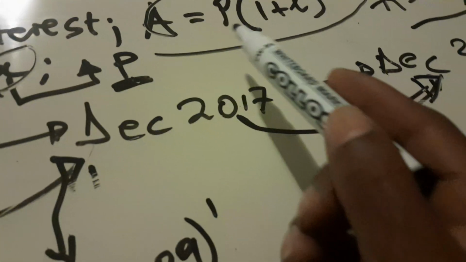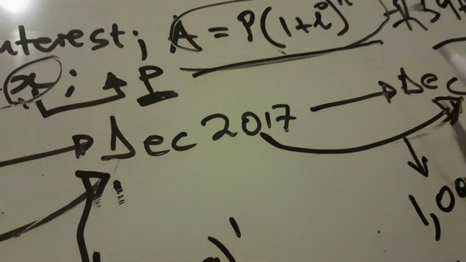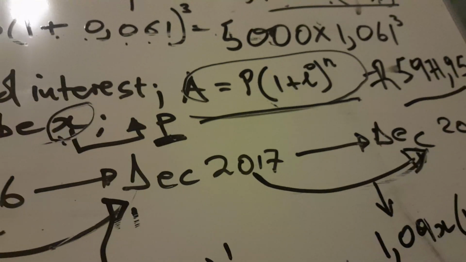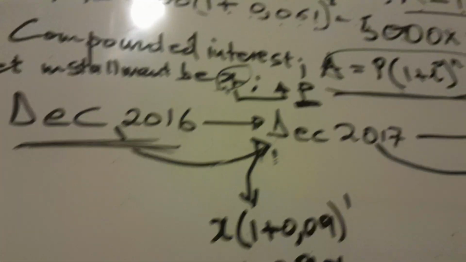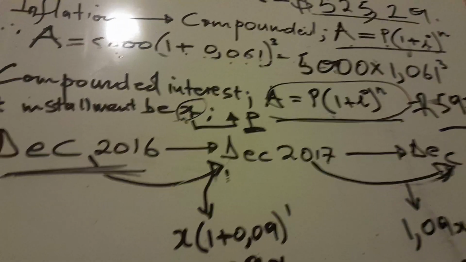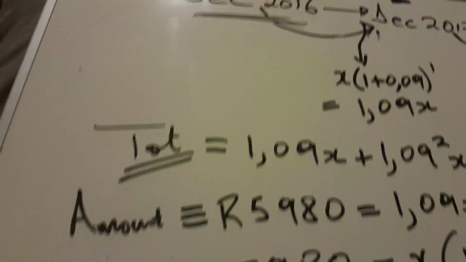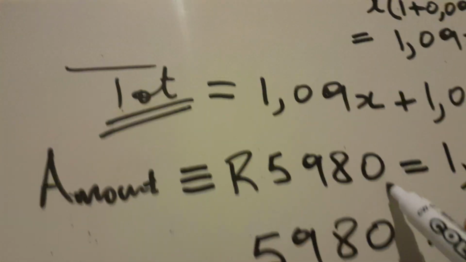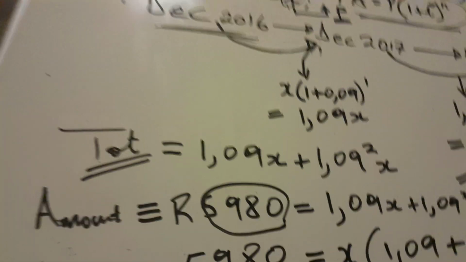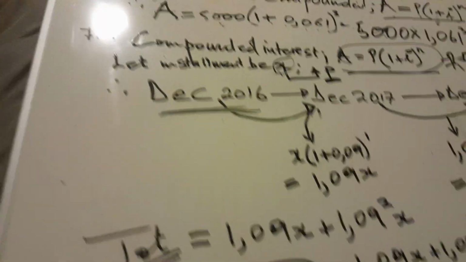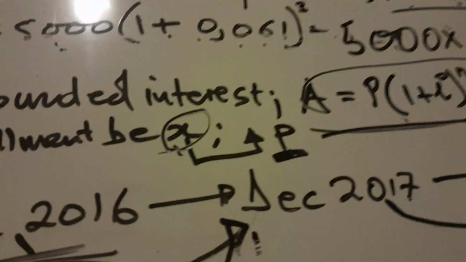And the formula that is going to be used is this one, if it's compounded interest. And according to the question, we are going to make two installments for the amount to reach 5,980.